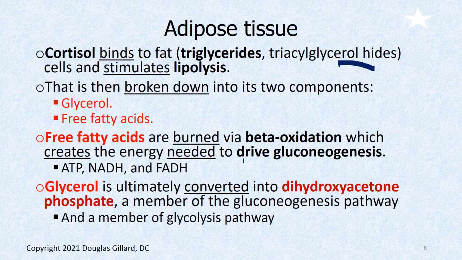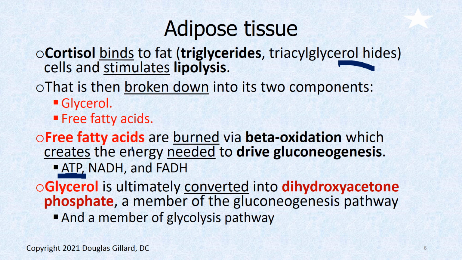And beta oxidation basically creates NADH and FADH, which is converted into ATP. And so we take this ATP, and that's what fuels the reverse steps of glycolysis, which I'm not supposed to say, but fuels the steps of glycolysis. So without fatty acids, you can't run glycolysis, so they're not wasted.